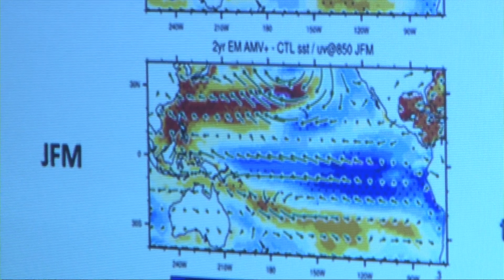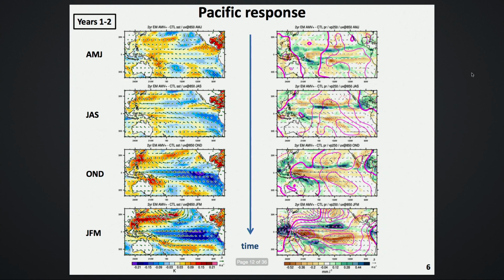To understand how this happened, I need these maps that are basically the same as this one, but for precipitation in color, and the contour represents the velocity potential at 250 hectopascal. So we can see that in JAS, we've got a subsidence anomaly over the Pacific here that is caused by an increase of the convection over the tropical Atlantic here, that subsides here.